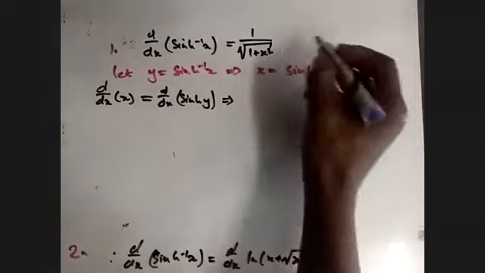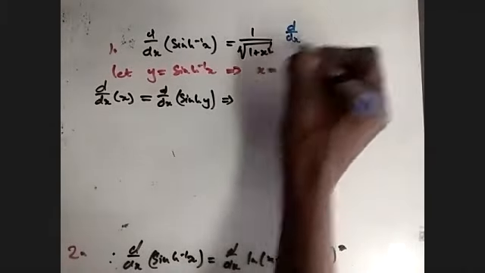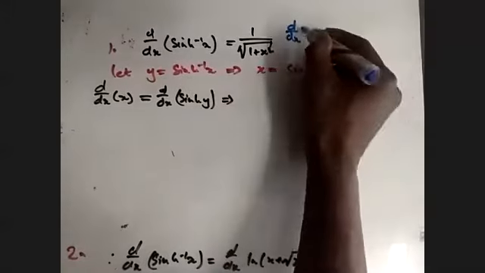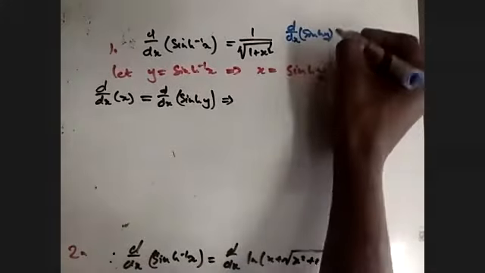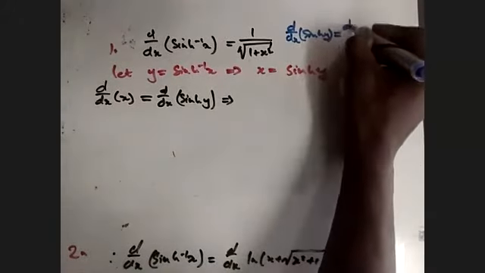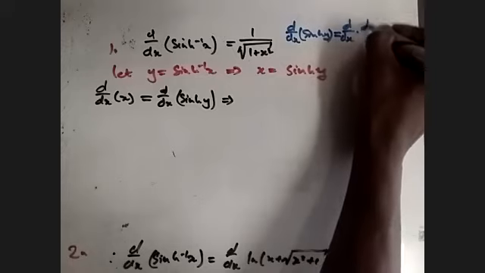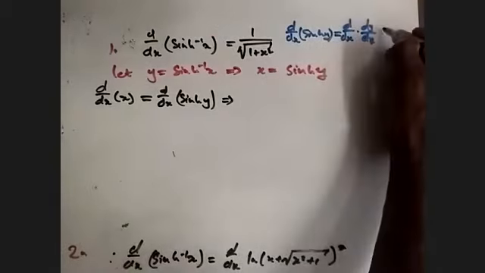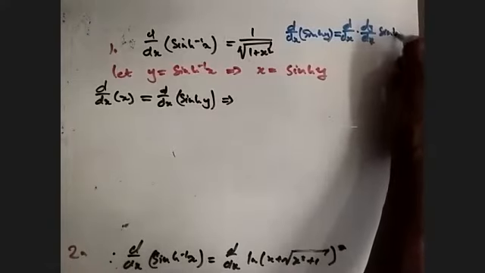We had d dx of sinh y, but this thing is written with respect to y, not x. So the only way to introduce y is if we say d dx multiplied by dy over dy, because this is just one, of sinh y.